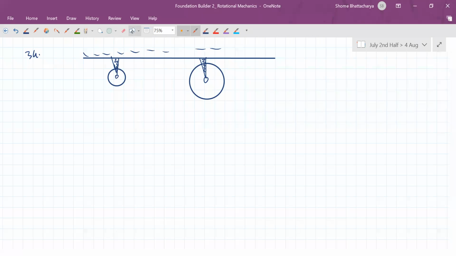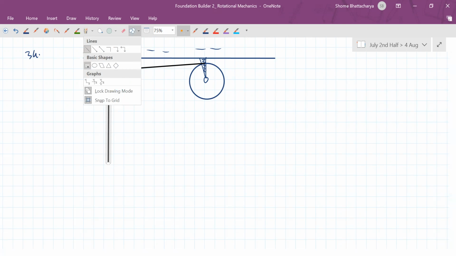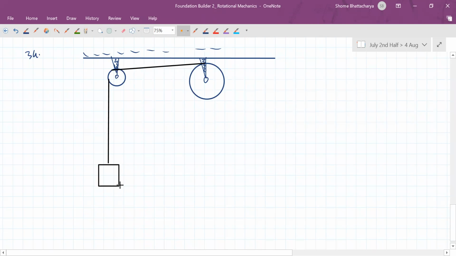Now there is some thread wound around this second pulley, and that thread goes around the first pulley like this, and coming out from this side, it vertically suspends the block.